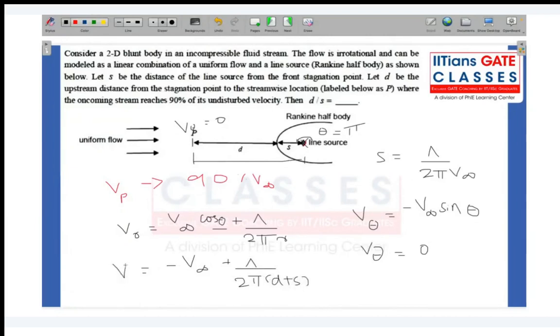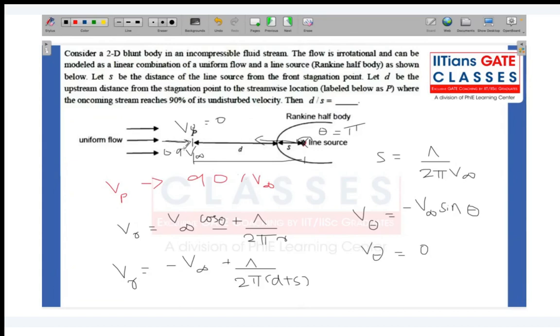They have also told you that the free stream velocity at point P is 0.9 times V infinity. The positive direction of V R is radially outwards, but the velocity at point P is radially inwards, so it is in the negative direction by convention.